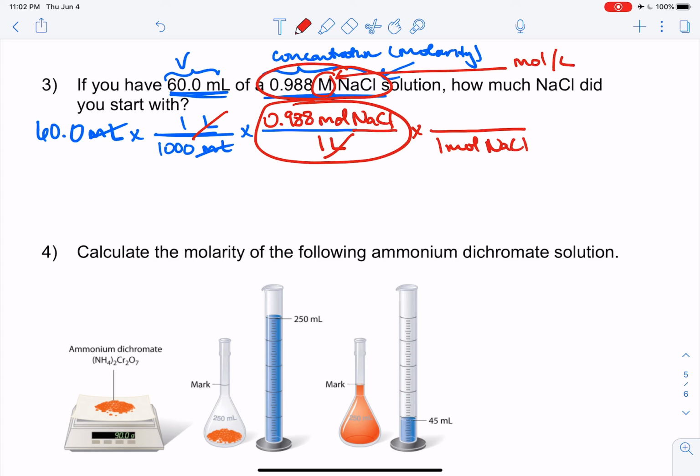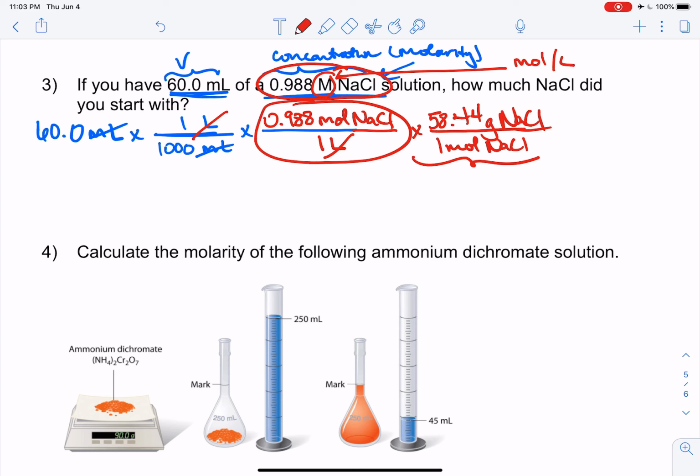We want grams of sodium chloride. Now, how do I find the number for that? I pull out my periodic table and I go, okay, sodium weighs this and chlorine weighs this. And together that gives me 58.44.